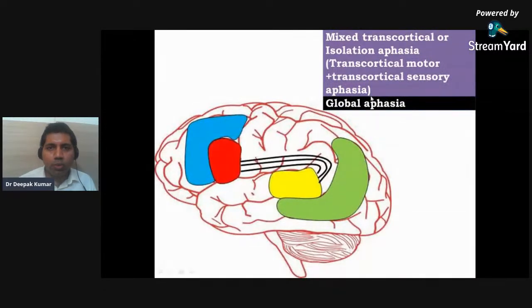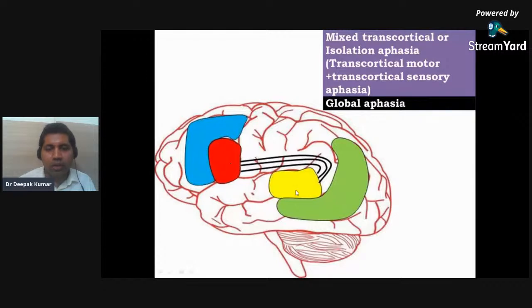These are the two aphasias where it is not individual regions that are involved. More than one area is involved, and then you get either of these two aphasias. One is mixed transcortical or isolation aphasia. This involves transcortical motor and transcortical sensory aphasia. This area is damaged and this area is damaged, leaving only what you initially learned in first year.